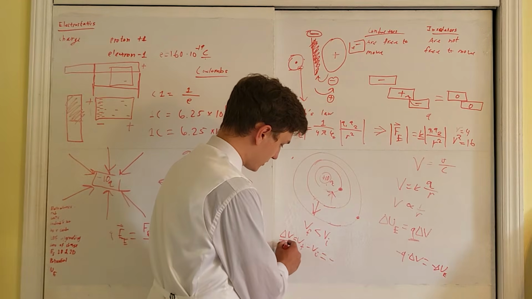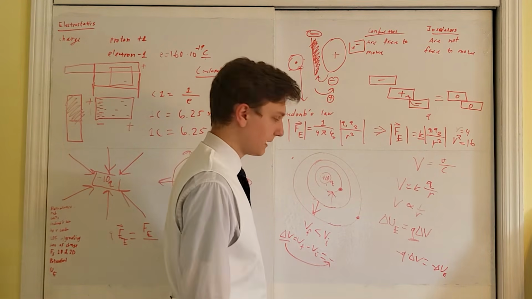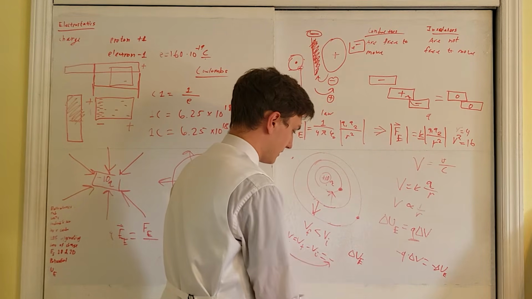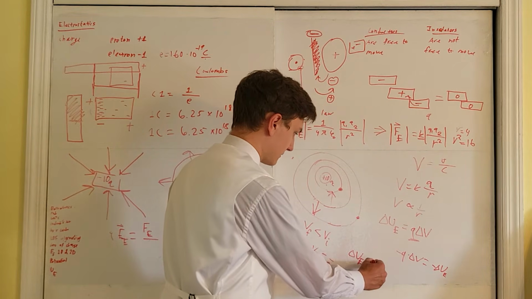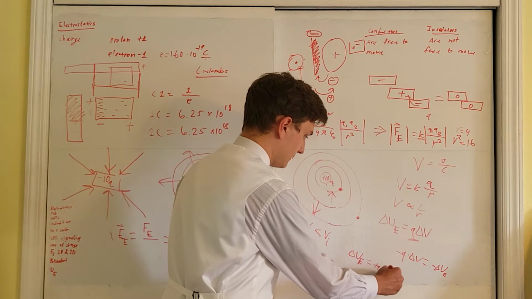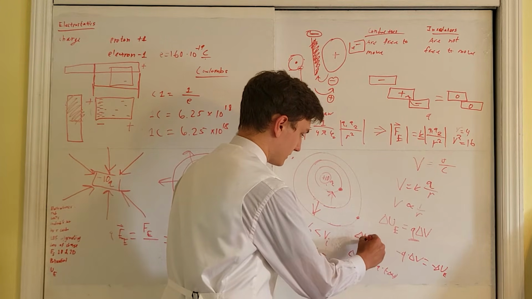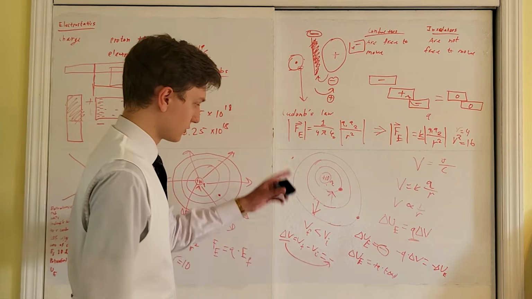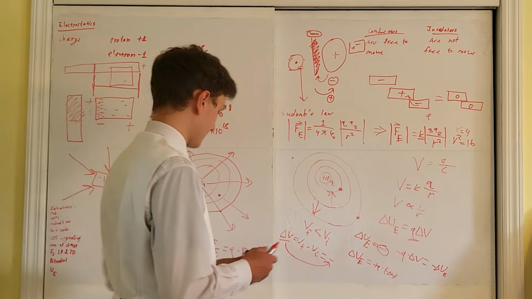So given that your change in electric potential is negative for a positive charge, your change in electric potential energy is going to be your positive Q times your negative delta V, meaning your change in potential energy is still negative. It's negative for both cases, whether you put a positive charge or a negative charge there.